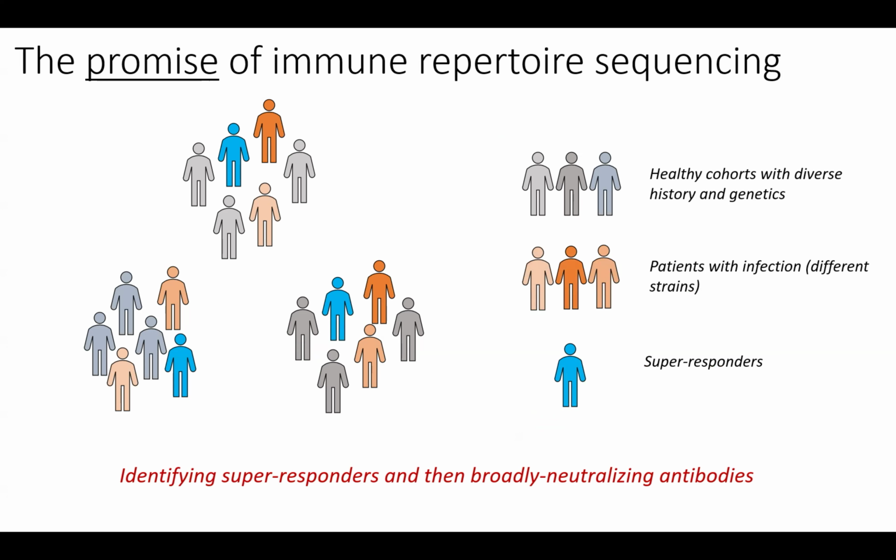So in principle, if you could identify these super responders, you could then look at the overlap between their immune coverage and how it distinguishes from other people's immune coverage and hone in on broadly neutralizing antibodies.